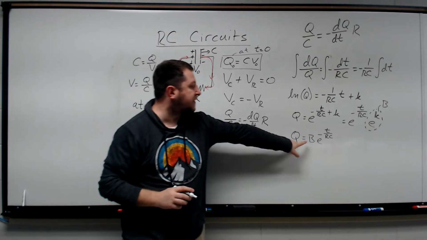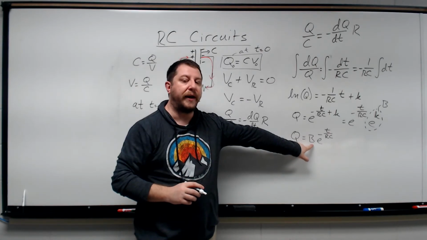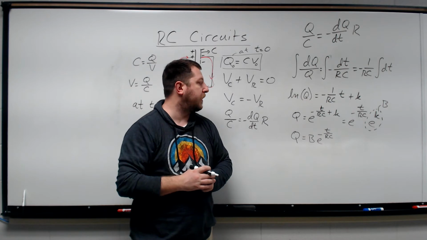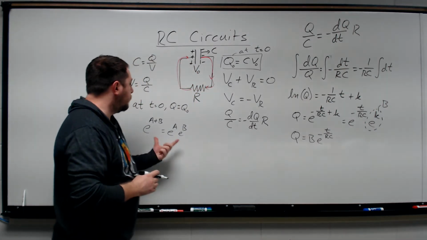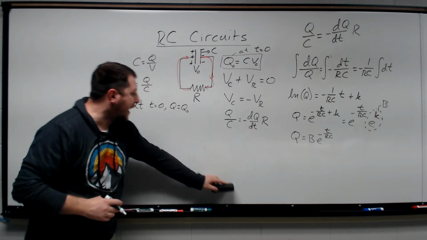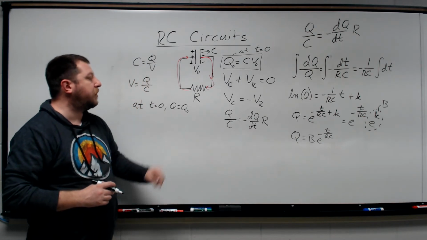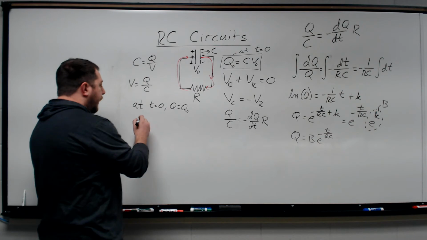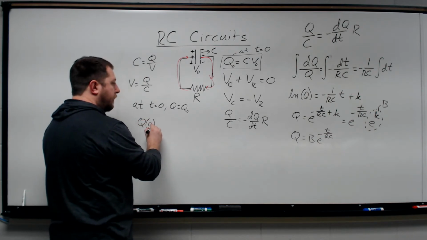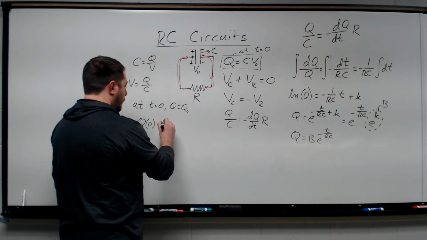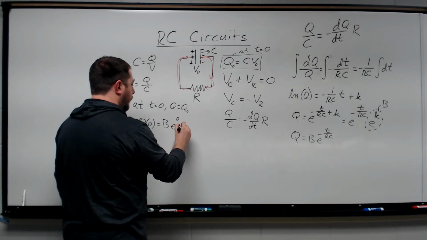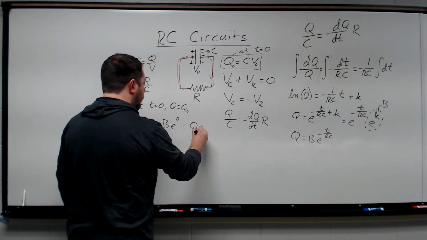So now the task is to evaluate this integration constant. And we use our initial condition: at t equals 0, q is equal to q naught. So at q of 0, B times e to the 0 equals q naught.